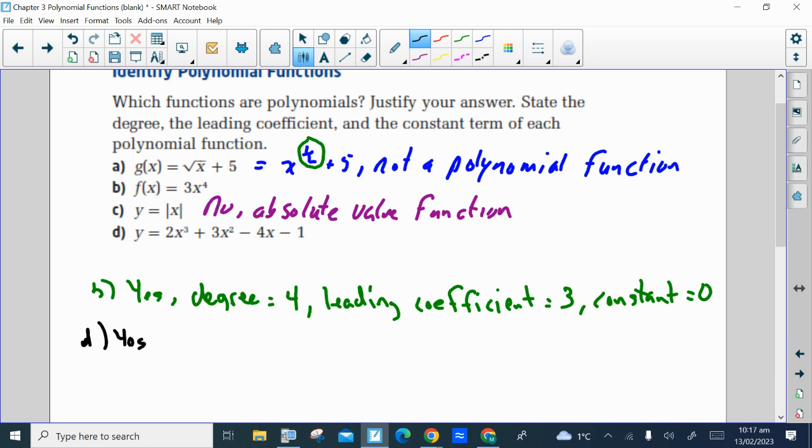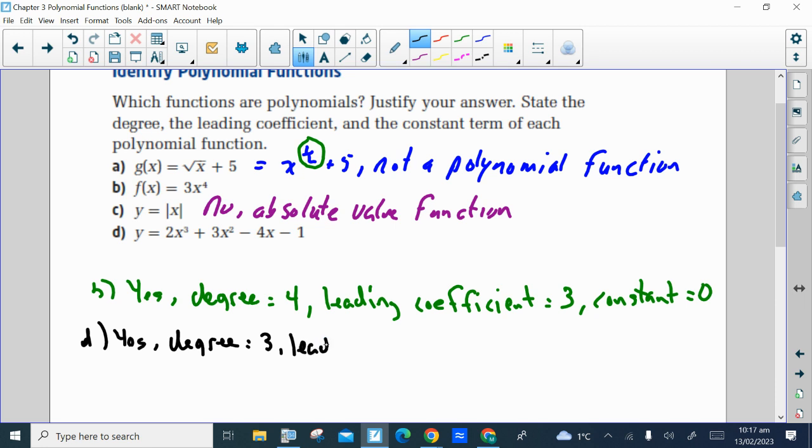So therefore it has a degree, which again is the highest power. This one is written in order of descending power. The highest degree is 3, so that is the degree.